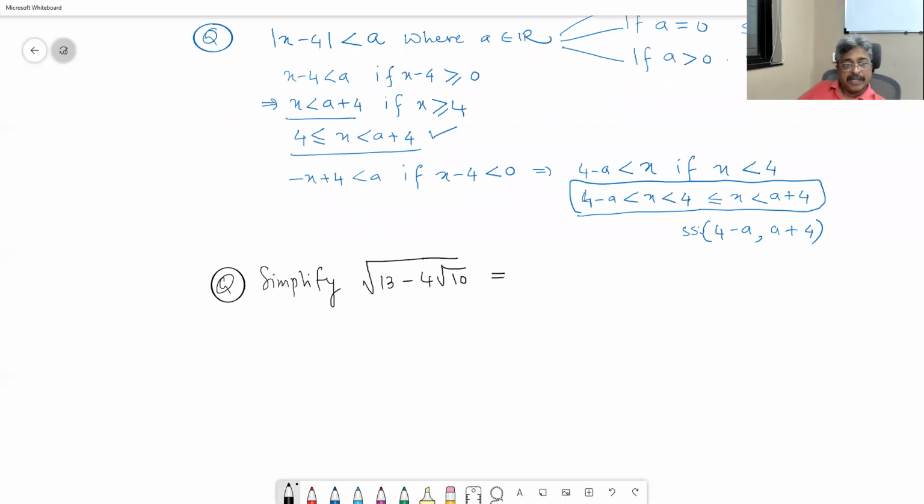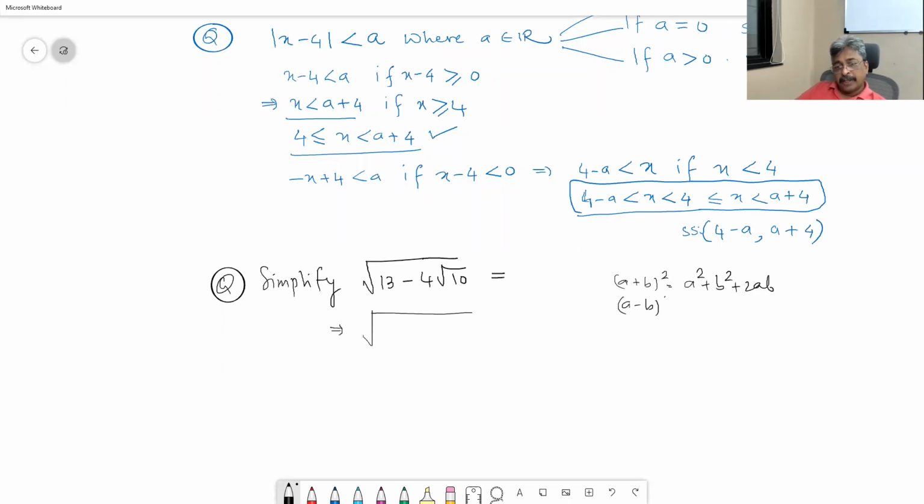Not a perfect square we can say, but it is a square of something. So we go like this. a plus b bracket square, a square plus b square plus 2ab.